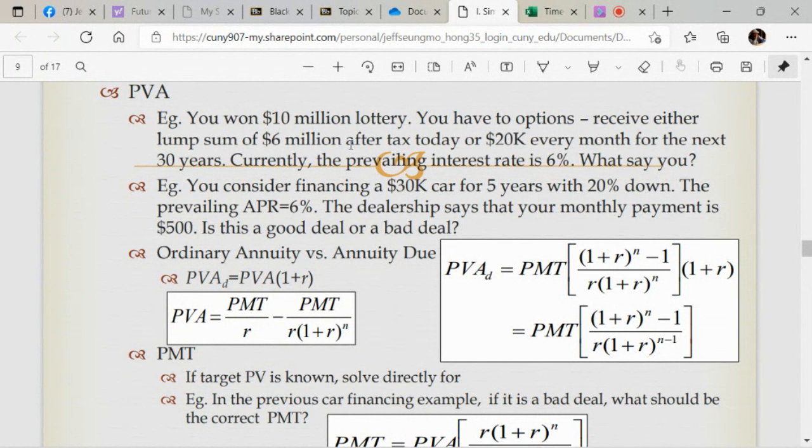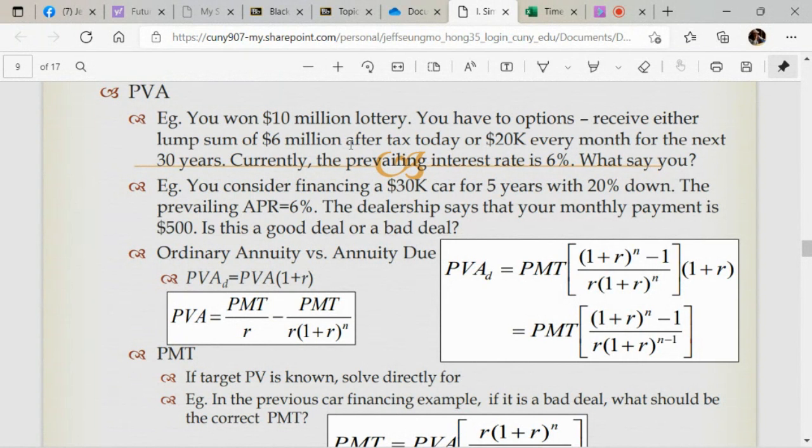But what is realistic is, if you have such a settlement, court settlement from injury, then it could be the case of present value of annuity that can come into play.